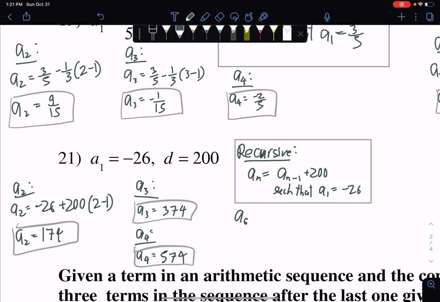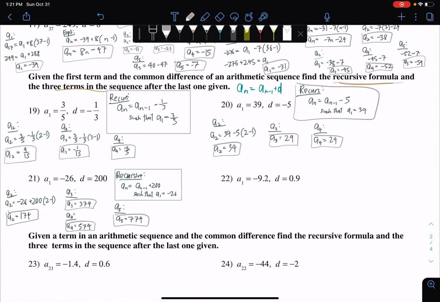And for a sub 5, we can already guess what our quantity would be. It's going to be 774. Dang, I found the 4th term again.